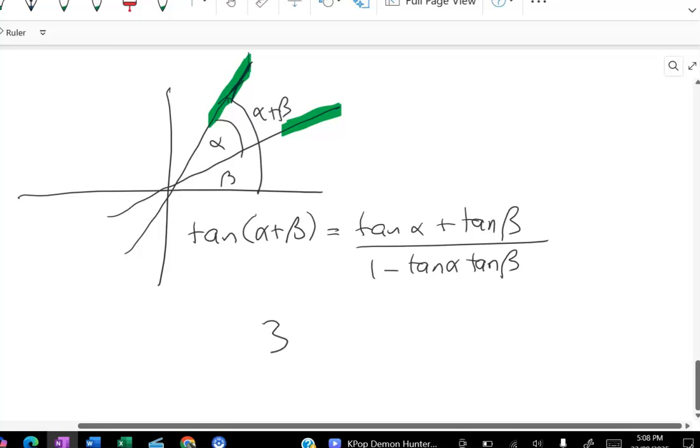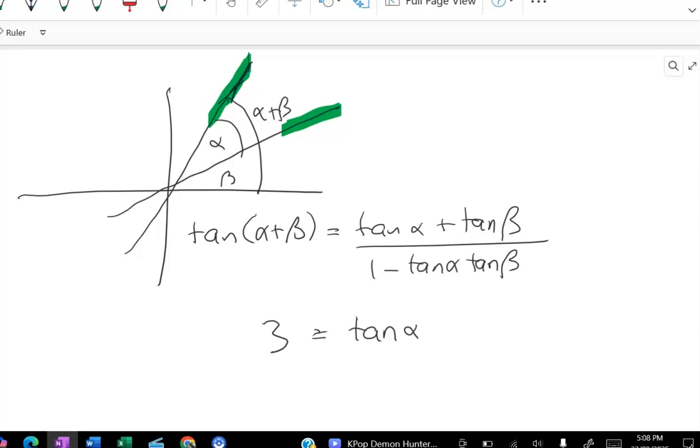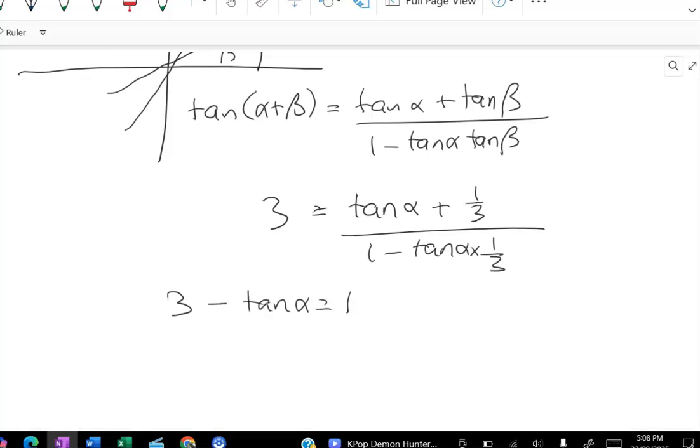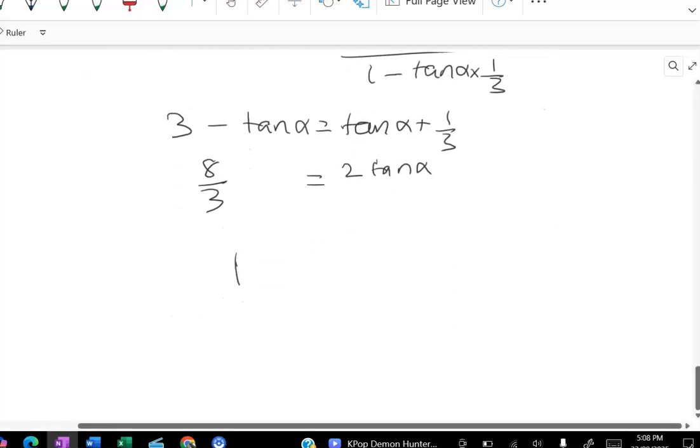So we've got 3 on this side, we've got tan alpha, which is what we're trying to solve for, plus 1/3 over 1 minus tan alpha times 1/3. So cleaning this up gives me 3 minus tan alpha is equal to tan alpha plus 1/3. What next? Right, so 9/3 minus 1/3, so 8/3 is equal to 2 tan alpha, giving me a very nice exact value. Tan alpha is equal to 8 over 6, which is 4 over 3.